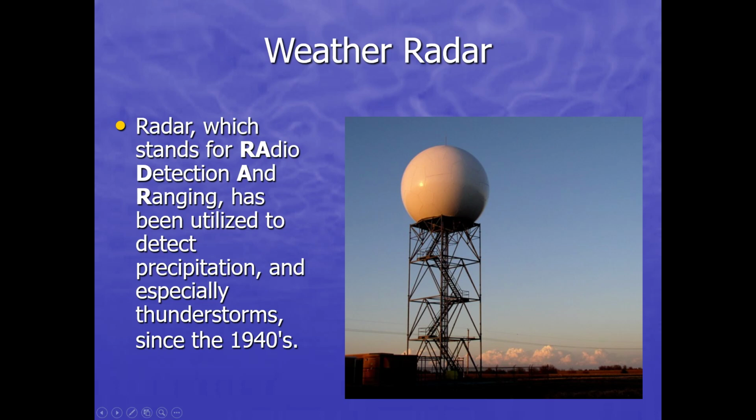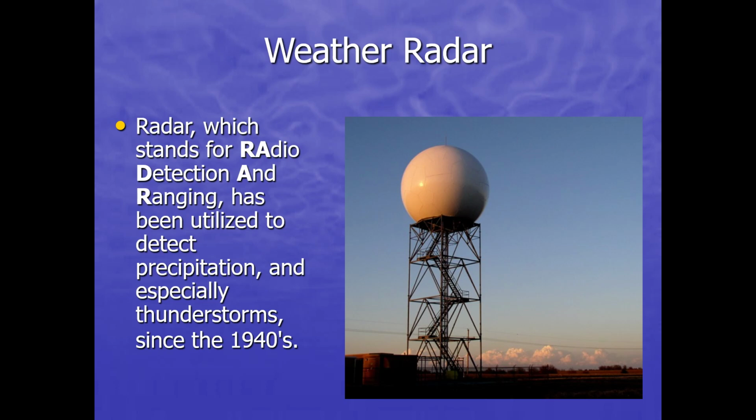This is really a World War II technology that was used to track enemy aircraft. And it just so happened it was also very good at detecting precipitation inside of weather systems. And so now Doppler radar is widely used across the world to detect precipitation and to track movement of precipitation.